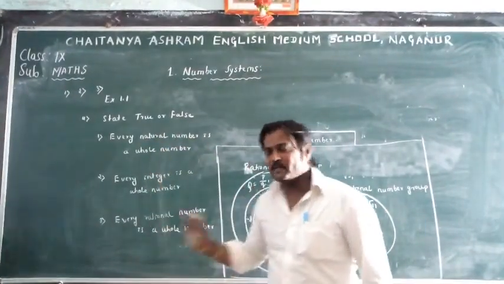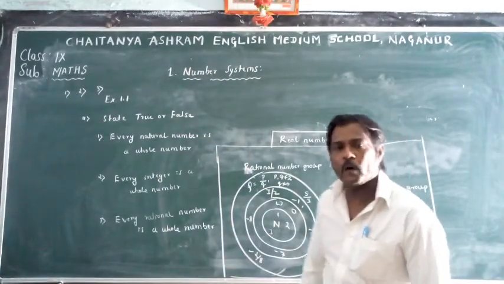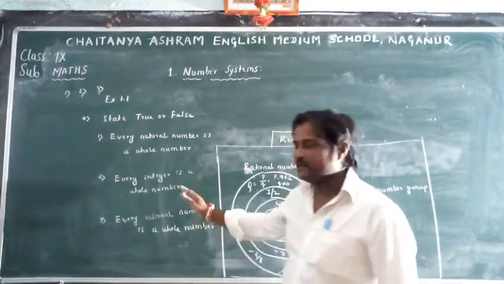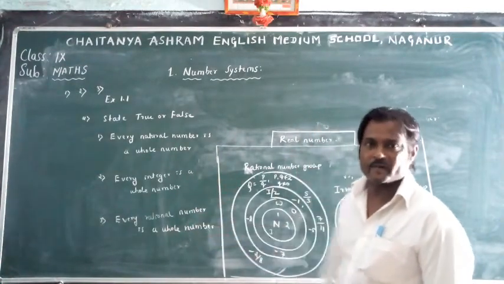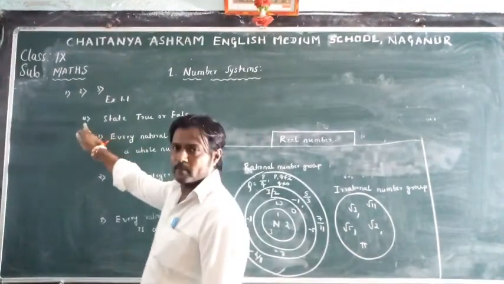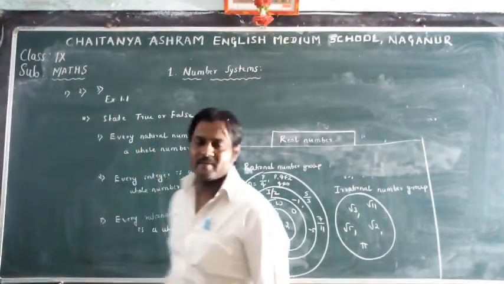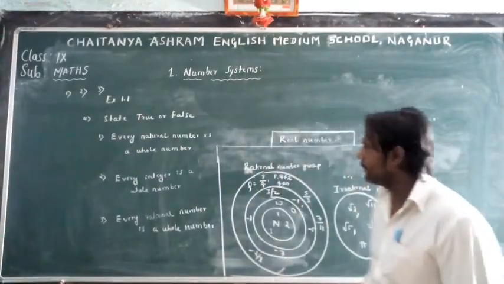There are some statements. Observe the statements. Check whether they are true or false. Because we just learned about this concept, I would like to solve the fourth question first. Later we will discuss the first main, second main, and third main.